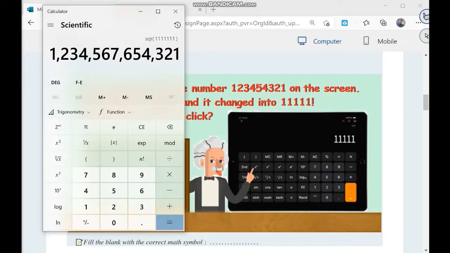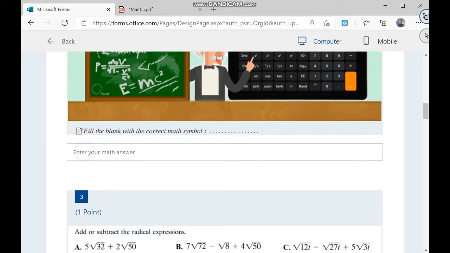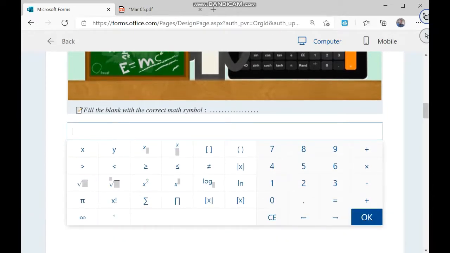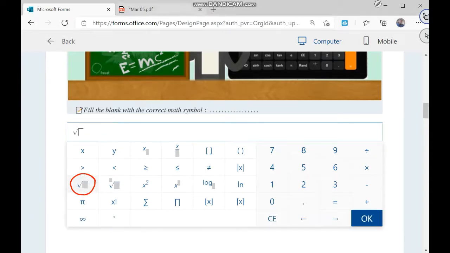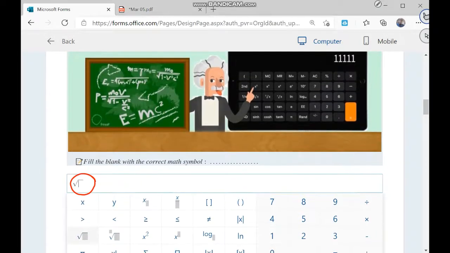Maybe you find this a bit silly, but the right answer is going to be the square root. That's the correct way: typing this symbol, square root, and that's going to be the right answer. That's the best way of typing the answer on forms, using this square root.